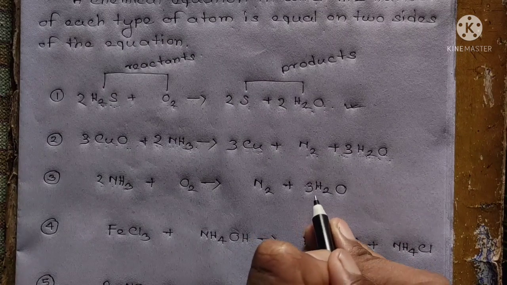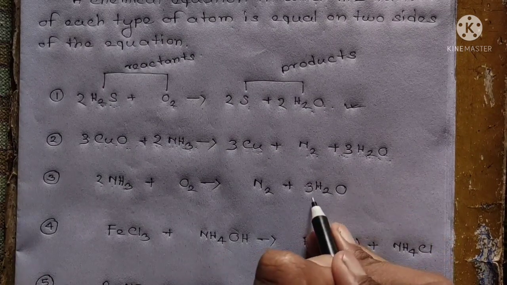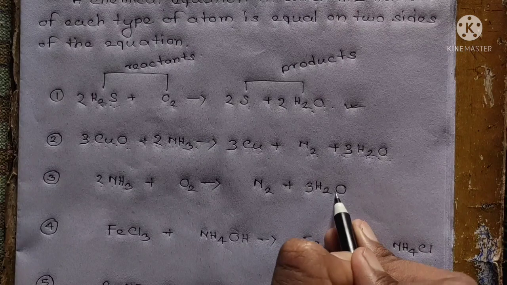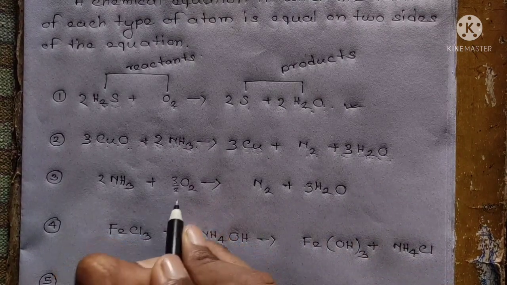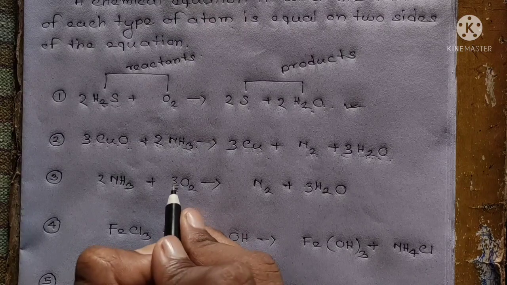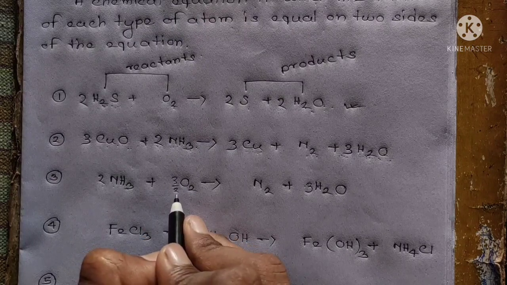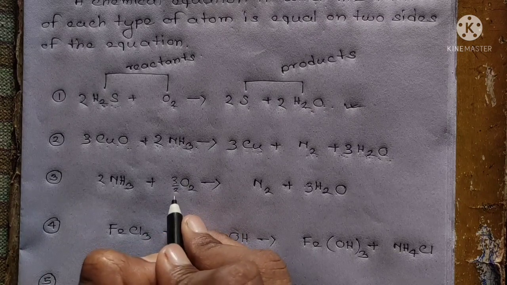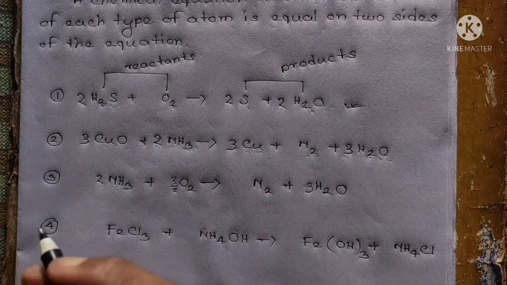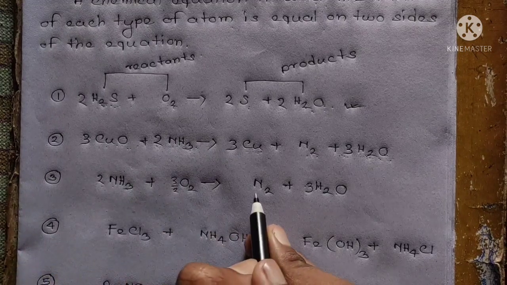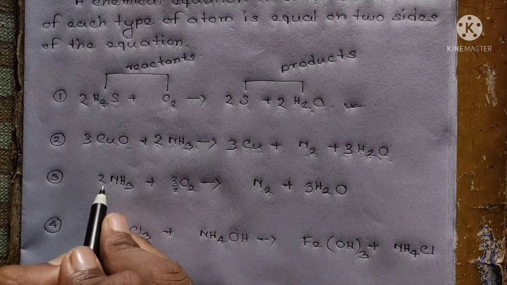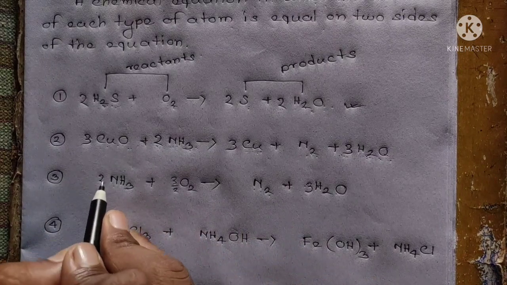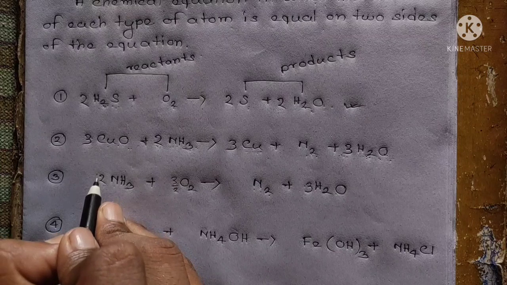Now what problem arises here? This is 3 oxygen, so we have to multiply it by 3 by 2, but we cannot express a balanced equation with a fraction, so we make it twice. I mean to say that if we multiply by 4 instead of 2, we just cancel it.